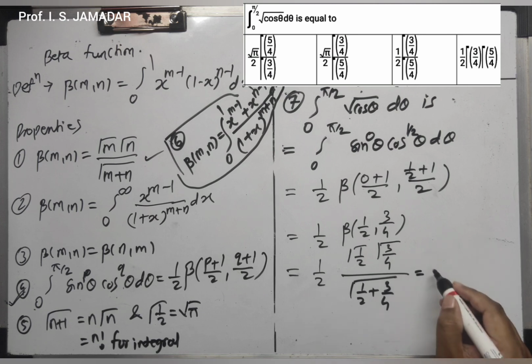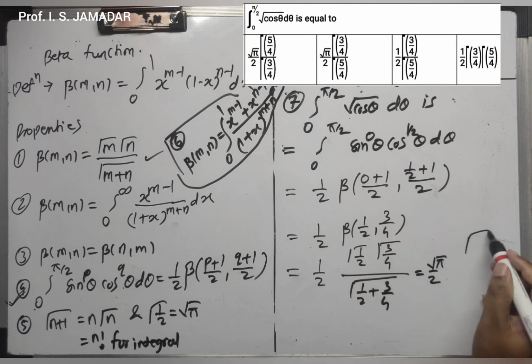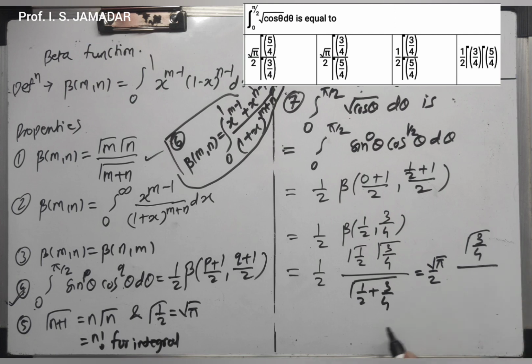Okay, so that is 1 upon 2. Gamma 1 by 2 is root pi, so putting here root pi by 2. Gamma 3 by 4 as it is, and for this 1 by 2 plus 3 by 4, the LCM is 4, means this will be 2 plus 3 upon 4, means gamma 5 by 4. What are the options? First is root pi by 2, gamma 5 by 4, gamma 3 by 4, that is not correct.